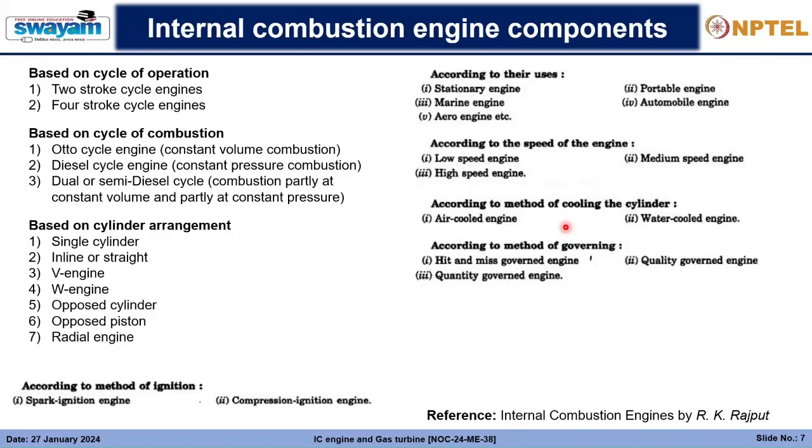To have only the required amount of fuel supplied to the engine cylinders for combustion, there is the governing system, and it governs the amount of fuel needed in whichever case. Suppose you are riding a bike and you are the only person sitting on it, then to maintain a particular speed, you need not get too much fuel into the combustion system. But if there is another person riding behind you on the same bike, then to maintain a particular speed, more fuel will be required. So that particular thing is being governed by governors.